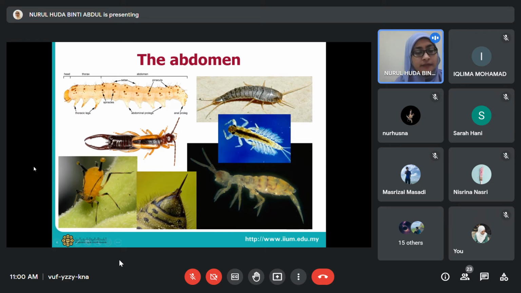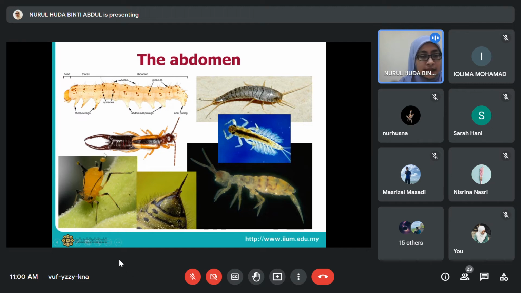Since this insect feeds on plant sap, there is a lot of moisture, so they have to excrete this liquid in the form of honey from these two conical shapes.